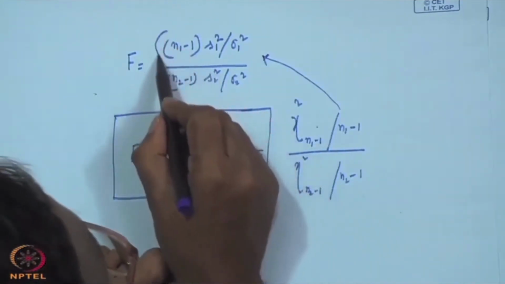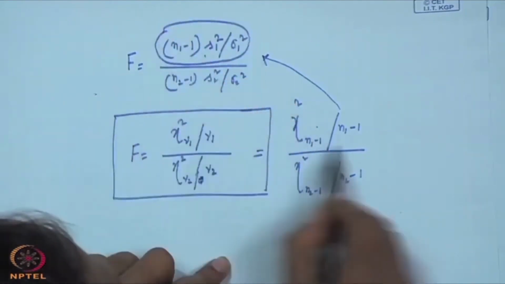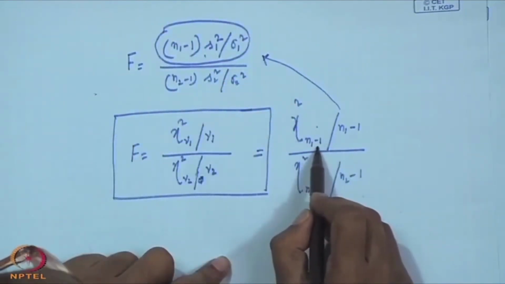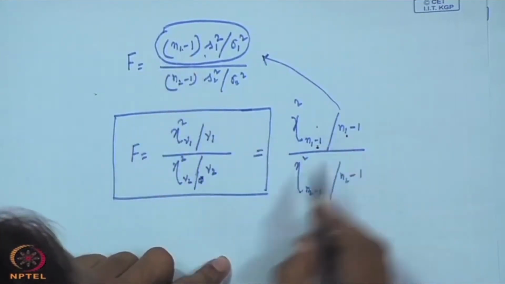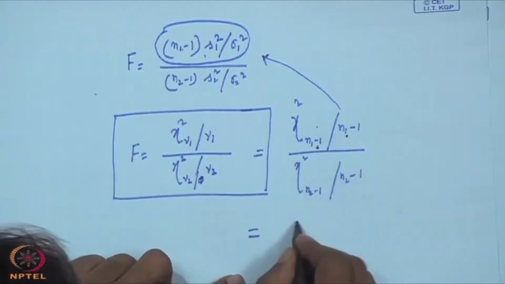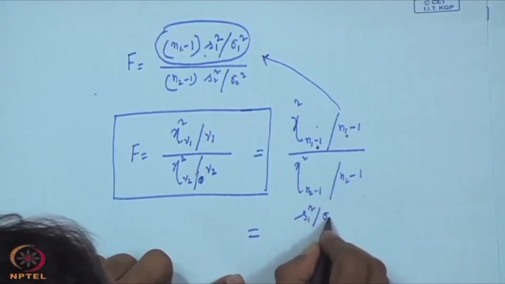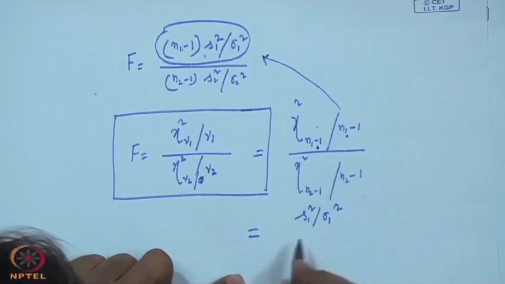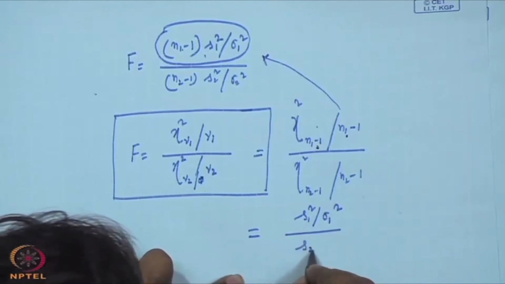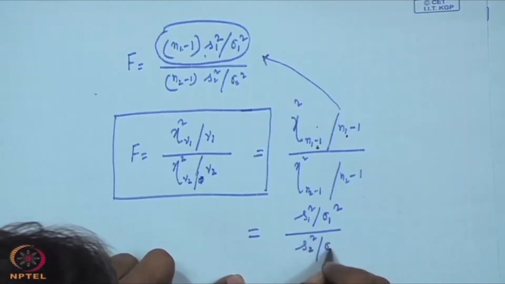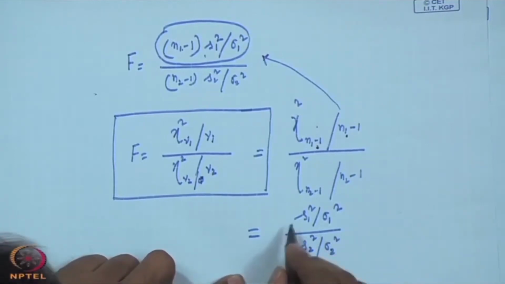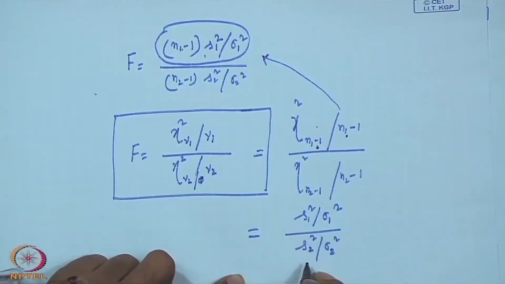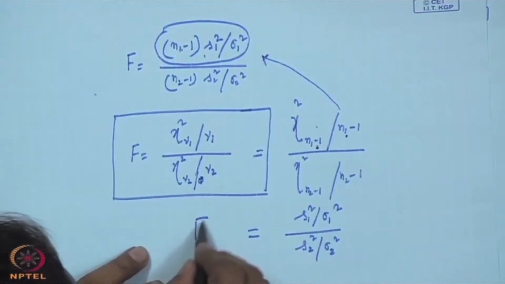We say this one is chi-square n minus 1. So, this divided by n1 minus 1 means this is S1 square by sigma 1 square. The denominator will be S2 square by sigma 2 square. So, this definitely follows the F distribution.